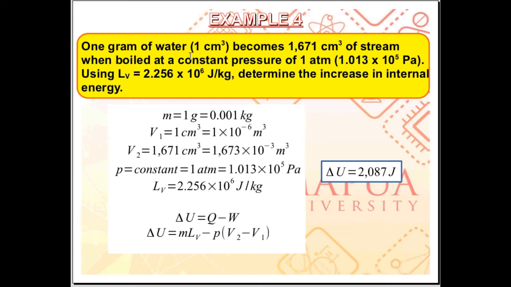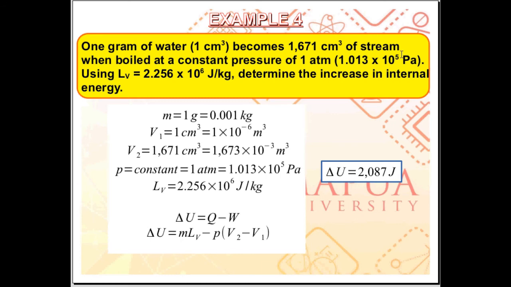It doesn't matter if it's 1 cubic centimeter of water or 1,671 cubic centimeter of steam. The mass remains to be the same, 1 gram.